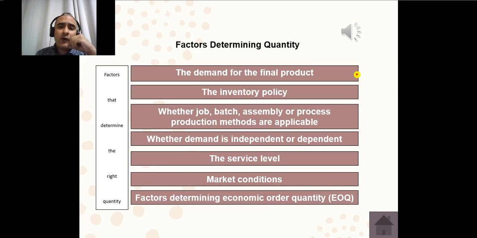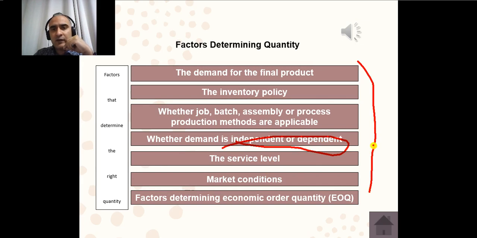We have to look whether the demand is independent or dependent. It depends on us, or it depends on the consumer, or it depends on the supplier, or on the whole supply chain. So we have to look at many different things to determine what is the right quantity, right? In this case, that is what we call the economic order quantity.